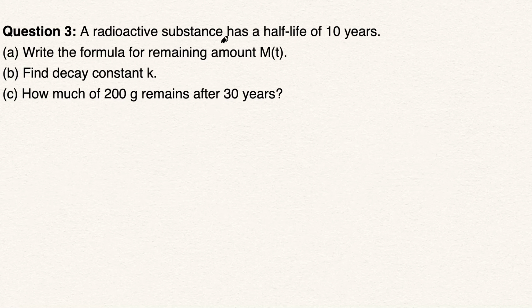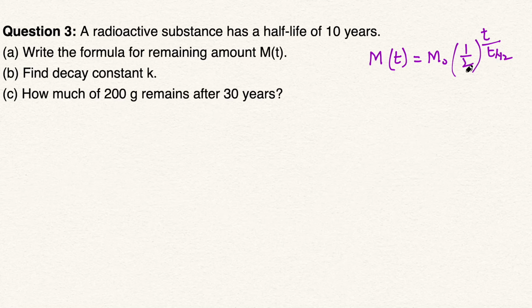A radioactive substance has a half-life of 10 years. Okay. So if this is a question of half-life, and if you have revised the lesson, our half-life formula is direct. Material after time t is equal to initial material times 1 over 2 raised to time t over the half-life of that particular substance, whatever it is.